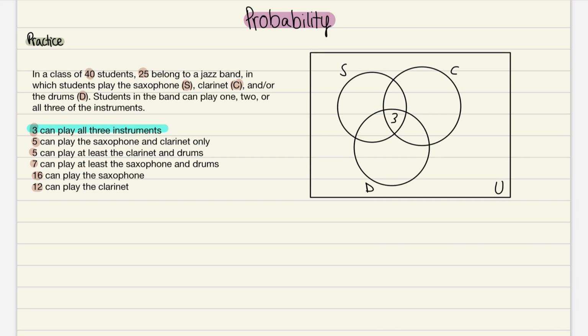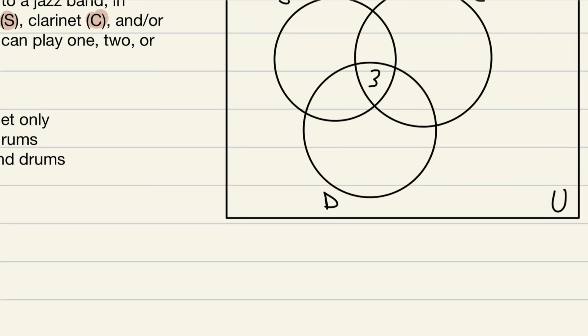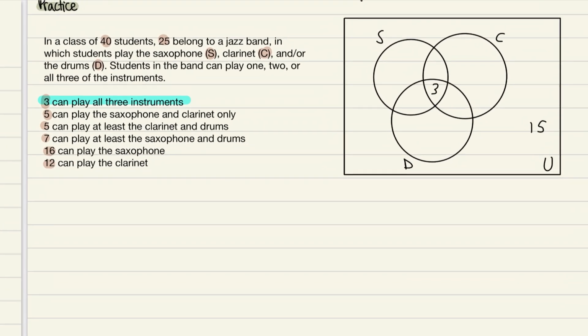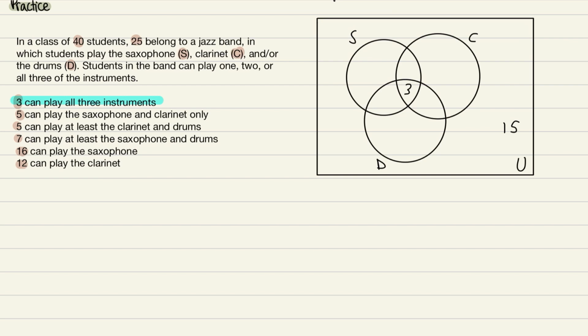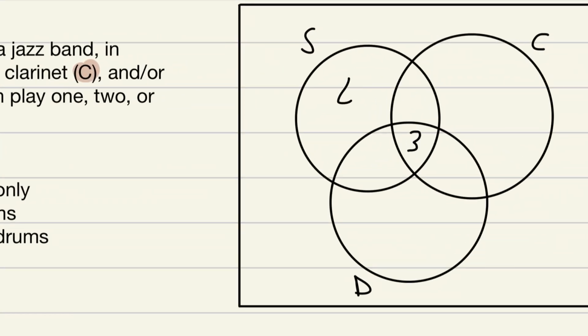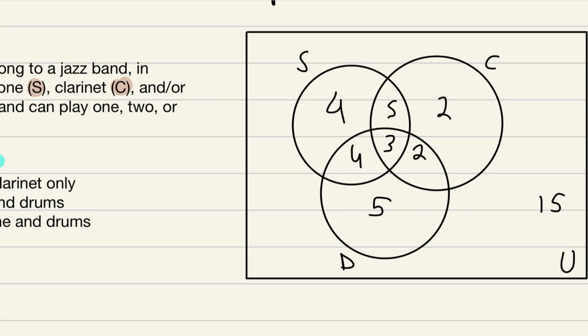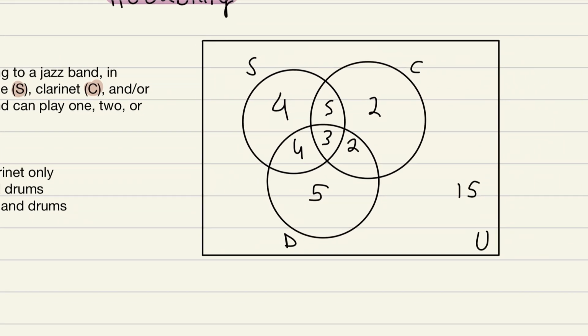So first, pause the video and try to draw it by yourself. I've already done the first one for you because it's quite easy. And also that 15 of them will be outside because 15 of them are not in the jazz band. So fill in the Venn diagram and then return once you're back. Okay, so I hope you were able to get this.